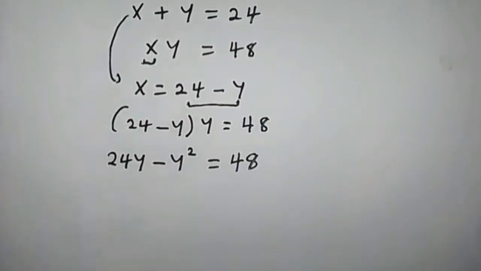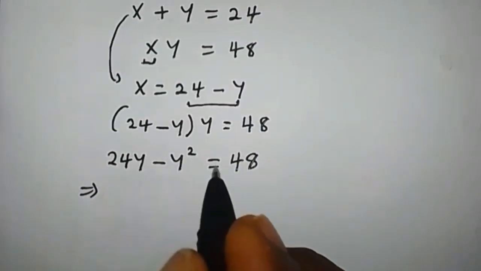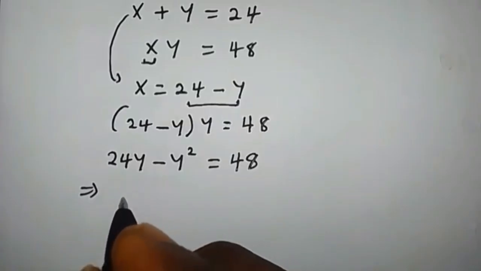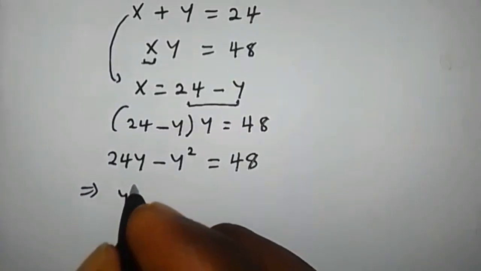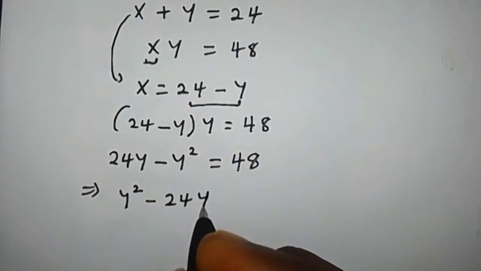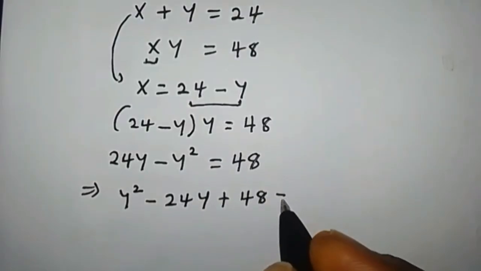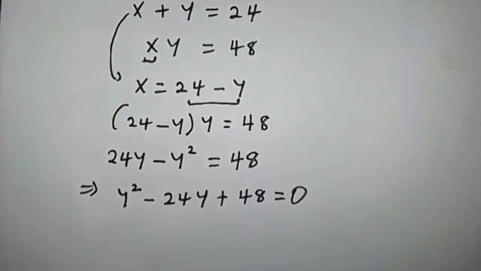Let's continue. This implies that rearranging this equation, we have y square minus 24y plus 48 equal to 0.